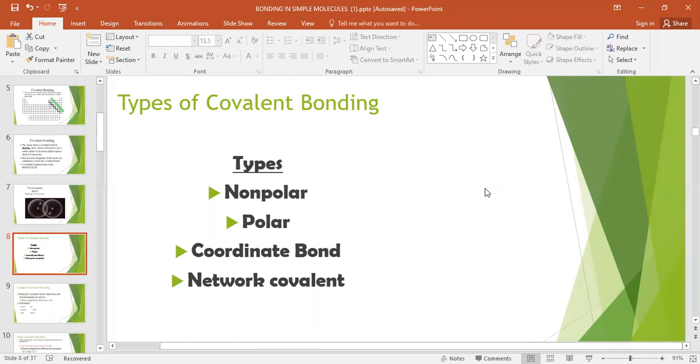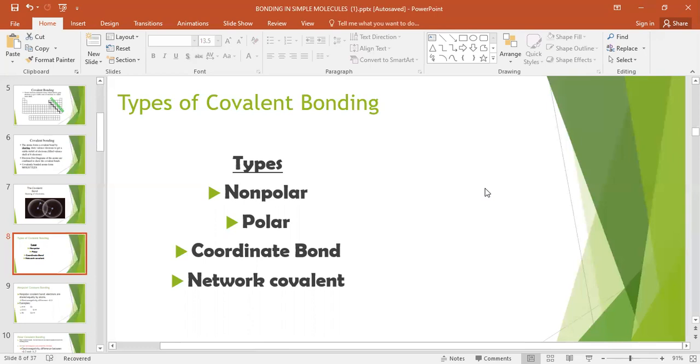I just want to explain the word polar. What is the meaning of polar? Polar means two parts, one positive and another negative. In physics you also study this; I think maybe you study the north and south pole.